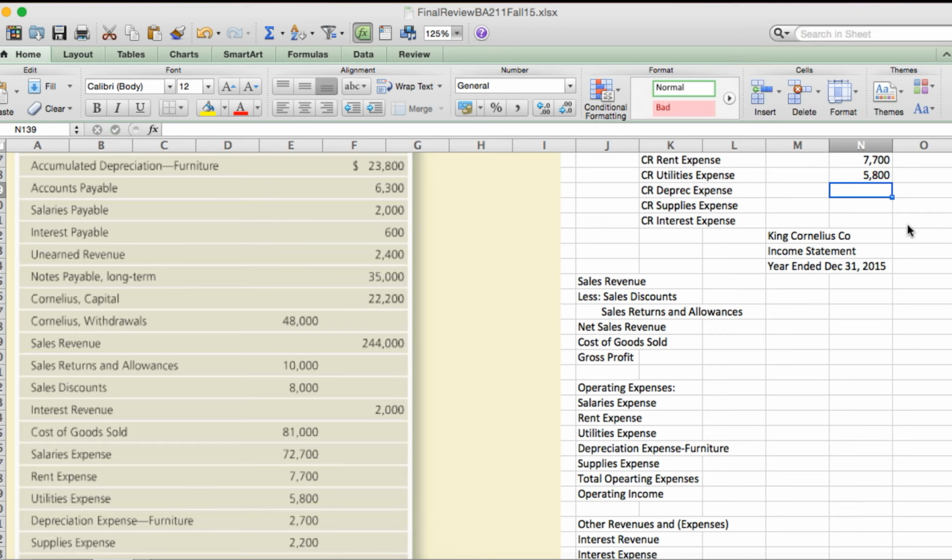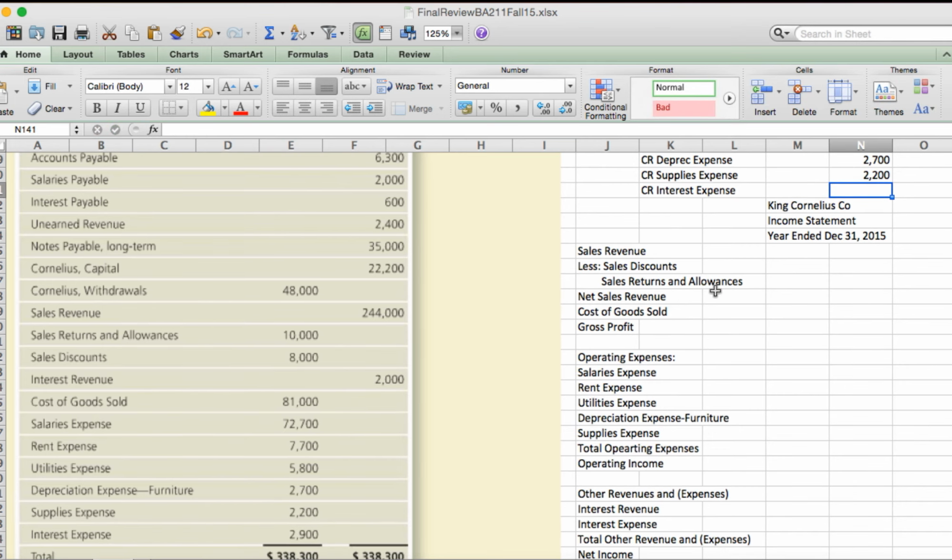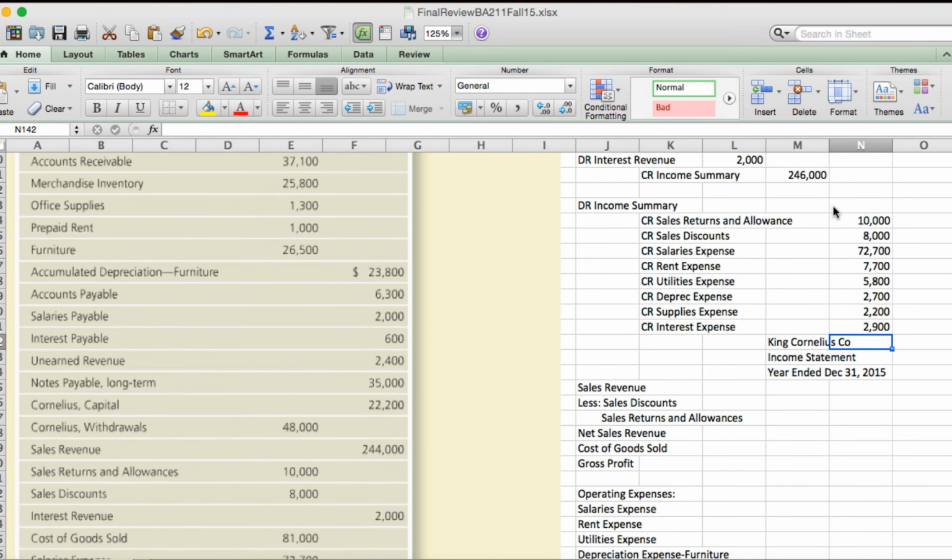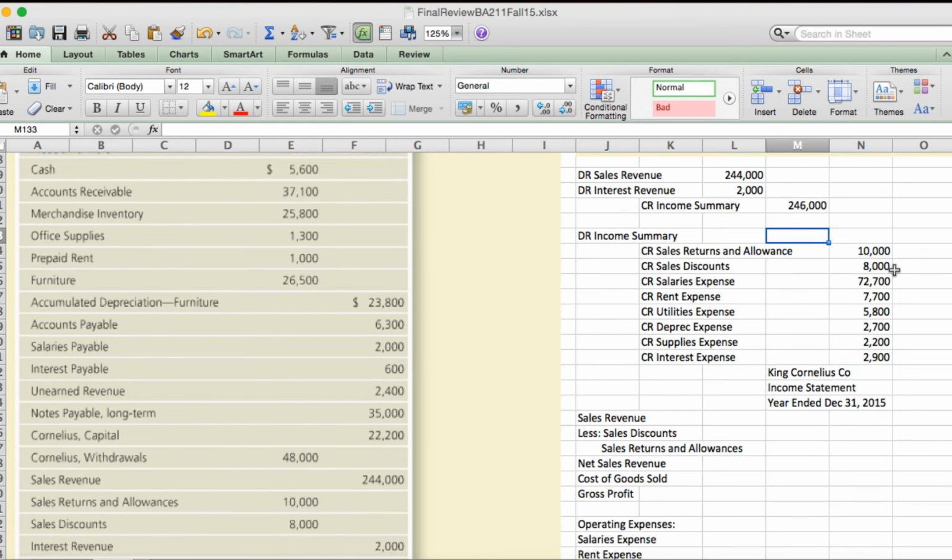Depreciation expense $2,700. Supplies expense $2,200. And finally, interest expense $2,900. Like I said, all we're going to do is add up all of those expenses, and that amount goes in the income summary side.